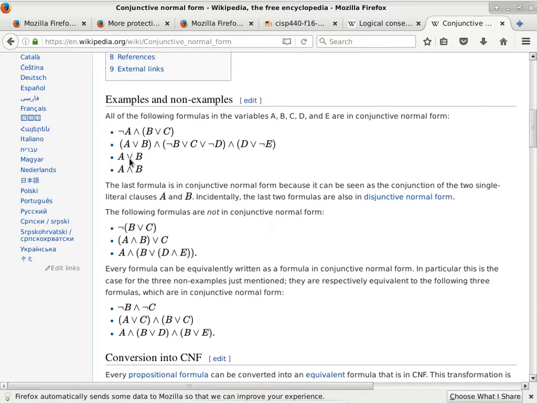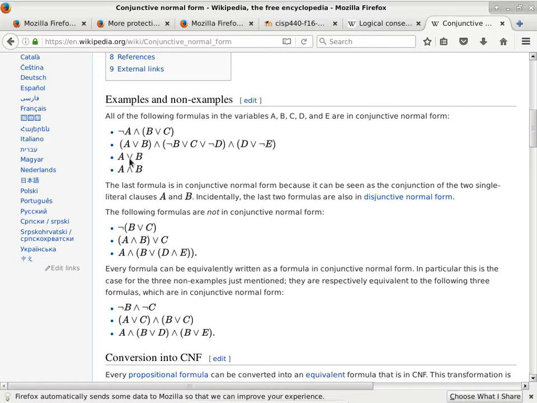The other way to look at this is to define a CNF recursively. So you can say a variable by itself is a CNF. If you have p, q, r as variables in alpha, p by itself is a CNF, q by itself is a CNF, r by itself is a CNF.